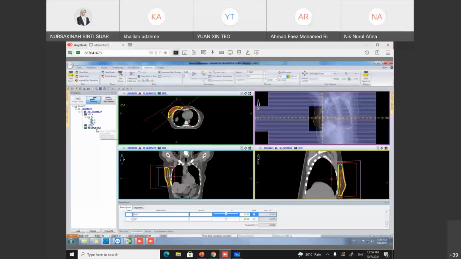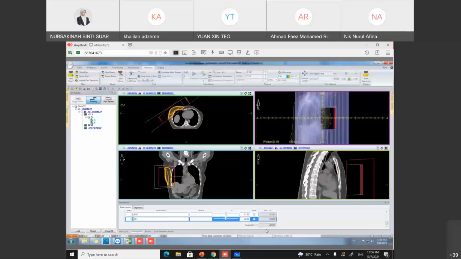So when we put in the wedge 30 degree, the monitor MU jumps from 300 to 600 MU. This is considered very normal, because when you use the motorized wedge technique, you want to push in the hot spot to reduce the hot spot. So this is very normal.